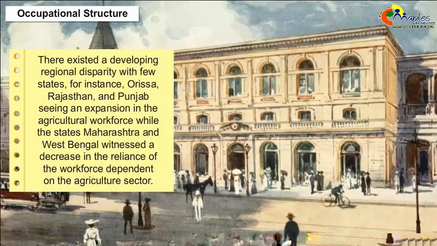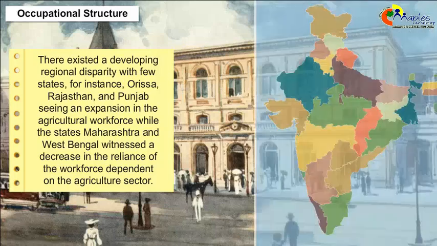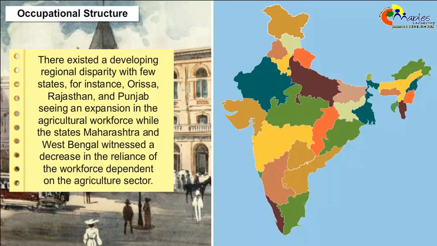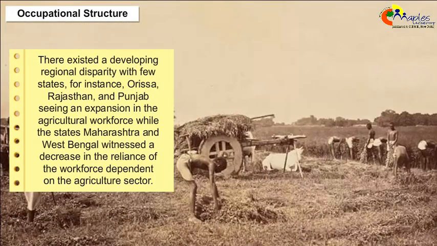There existed a developing regional disparity, with a few states, for instance Odisha, Rajasthan and Punjab, seeing an expansion in the agricultural workforce, while Maharashtra and West Bengal witnessed a decrease in the workforce dependent on the agriculture sector.